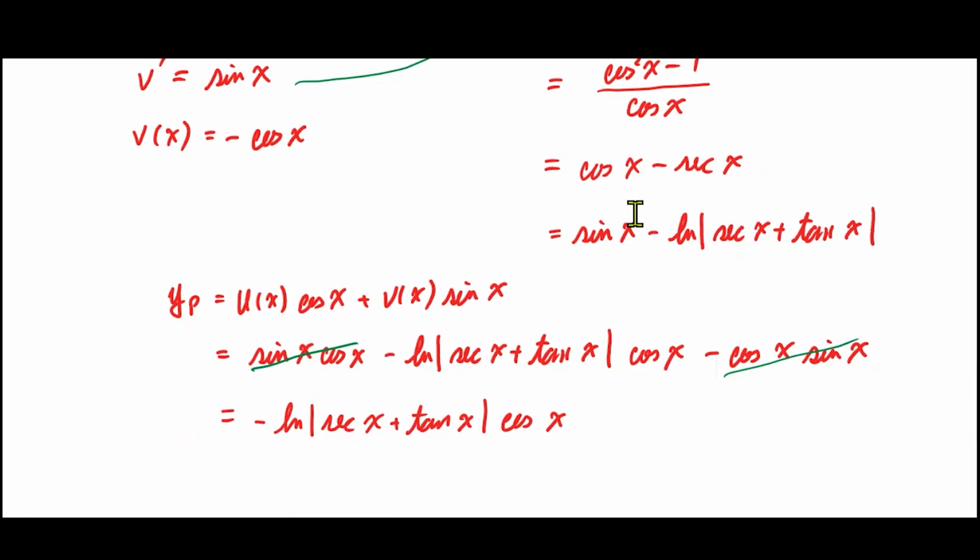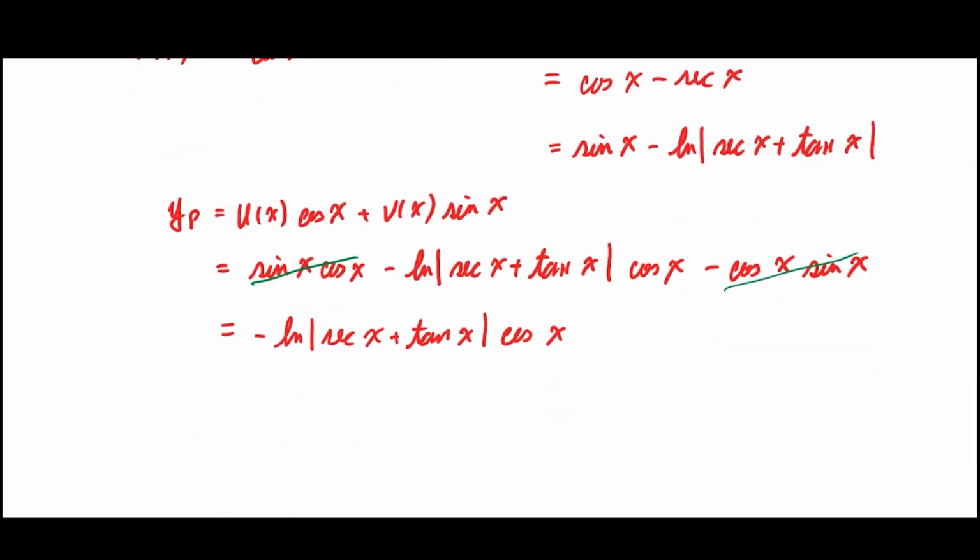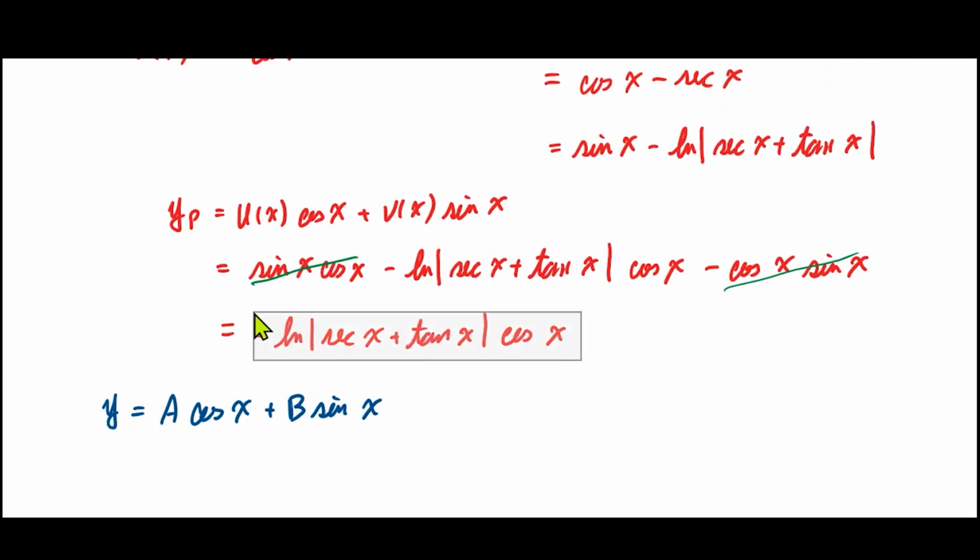Okay, so what's my all of the solution? That should be y is equal to, first, if this one is still there, a cosine of x plus b sine of x, and then this particular solution that we just found.